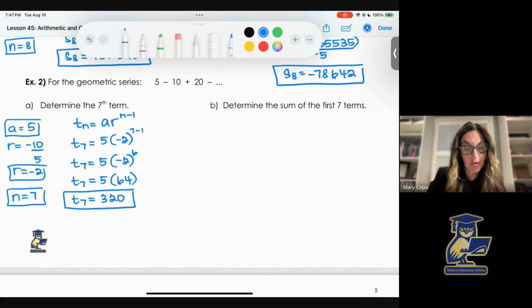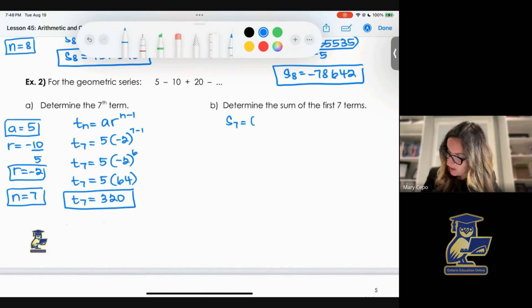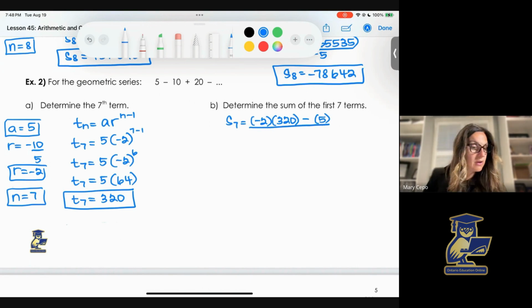In this case, we know that first number, and we also know the last number, so we can use the modified version of the sum of the first 7 terms. S7 is equal to the common ratio of negative 2 times the last term, which is 320, minus my a, which was 5, all over r minus 1.